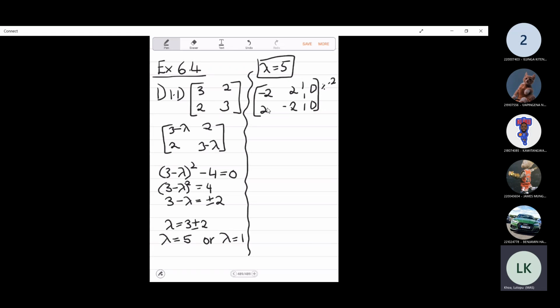And then here I can just say row 2 plus row 1. Okay, then what I get is 1, minus 1, 0. And -2 plus 2, or 2 plus -2 is 0. And then -2 plus 2 is 0. And then 0 plus 0 is just 0.